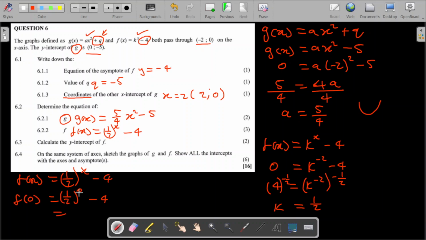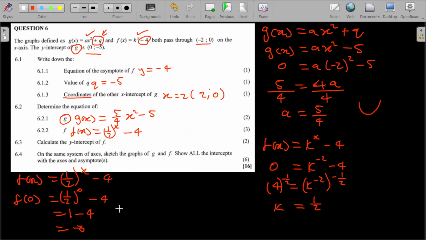Anything raised to 0 becomes what? Becomes 1. So this is going to be 1 minus 4, which is equal to negative 3. So I know my y-intercept is going to be 0 maps to a negative 3. So my y-intercept here is 0 into a negative 3.